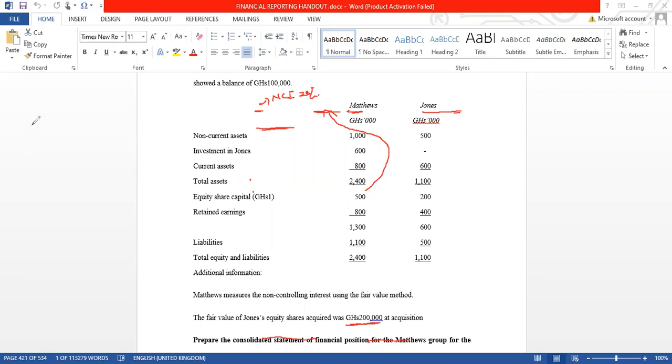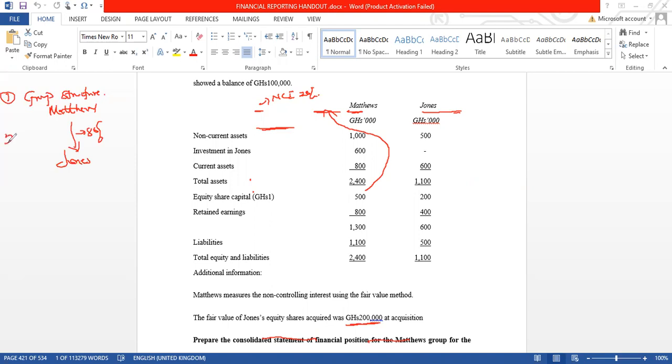Now, what do you need to do? Remember the structure. Who is the parent? Matthew. Then it is acquiring Jones. What is the percentage of ownership? 80%.